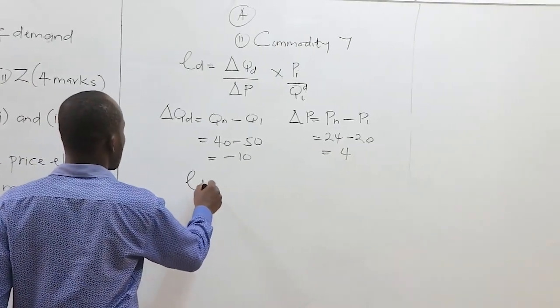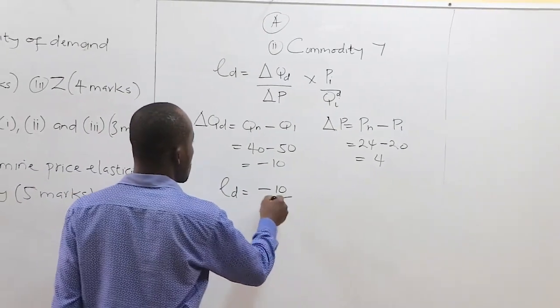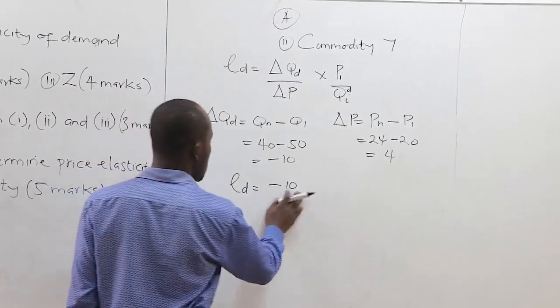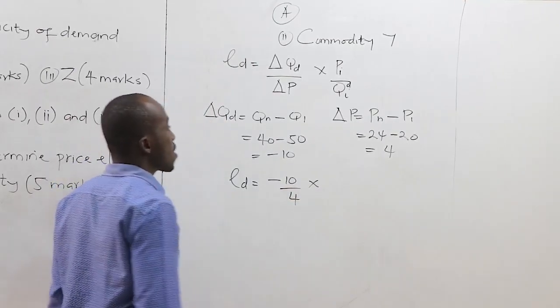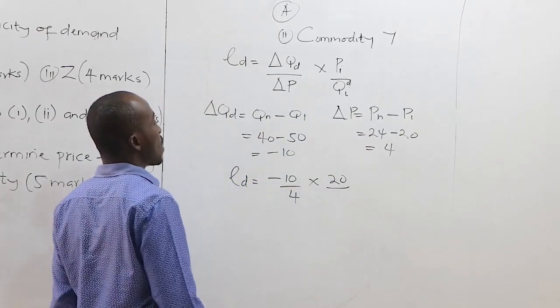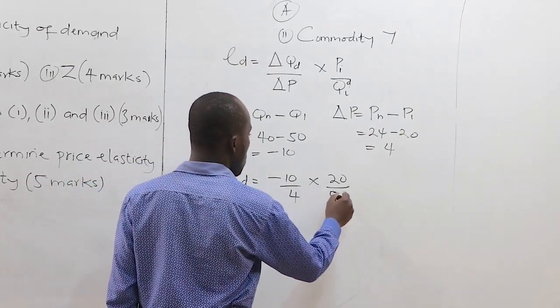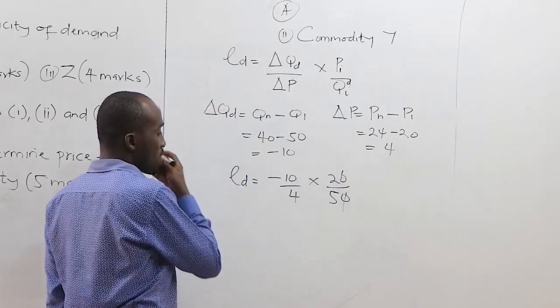So let's put it into the function. Elasticity of demand is equal to change in quantity demanded, which is negative 10, over change in price, which is 4, times the initial price, which is 20, over initial quantity demanded, which is 50.